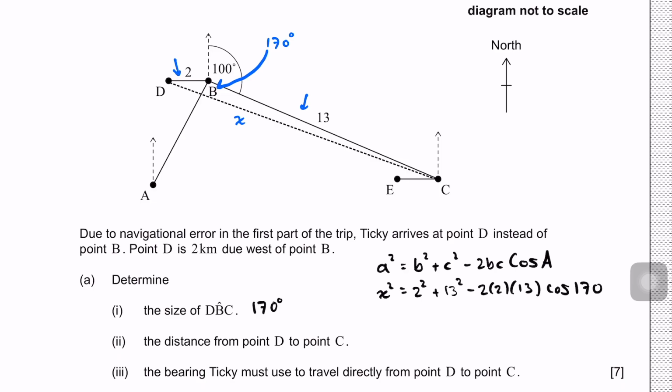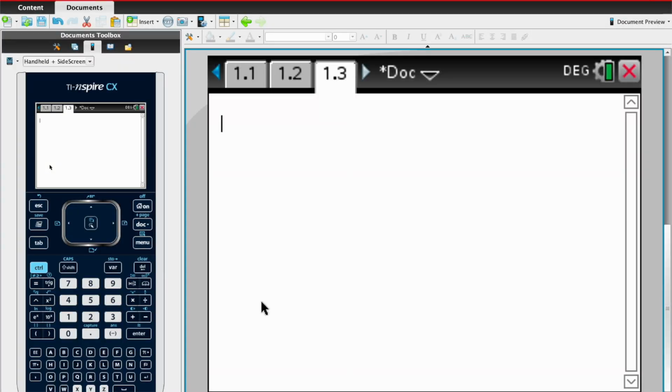Let's work this out in the calculator. We could use solve, but I'm not going to solve this though. I'm going to do something different. Okay, so I'm going to write out that function.